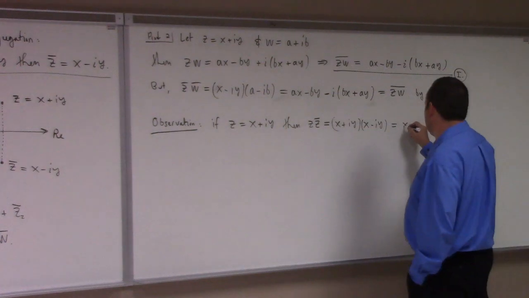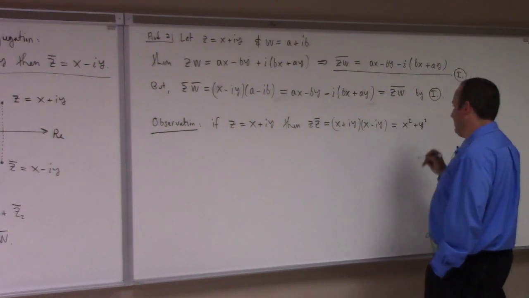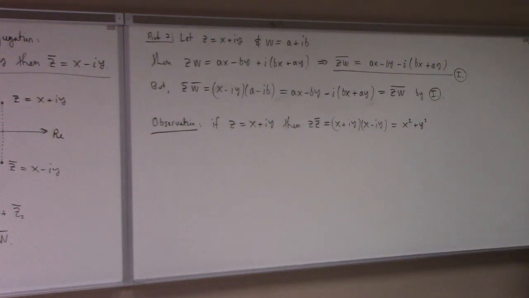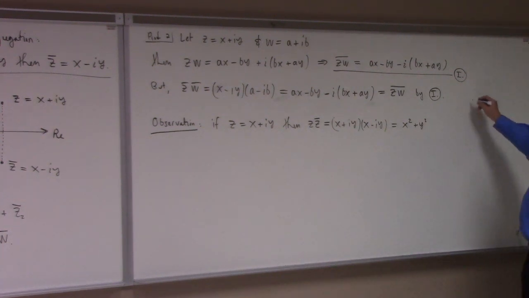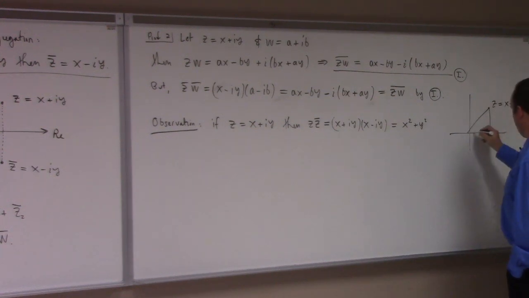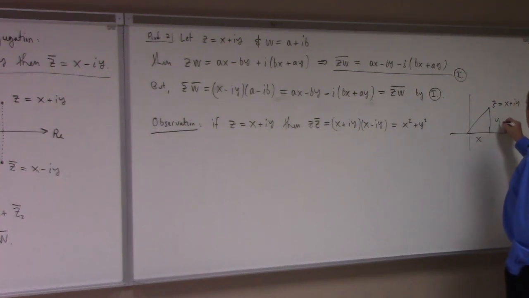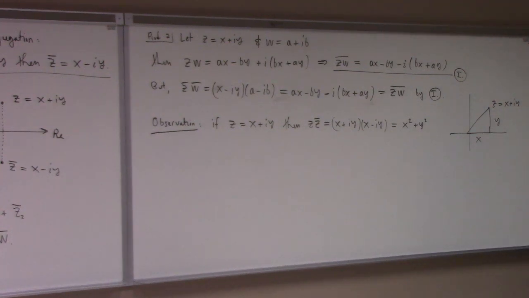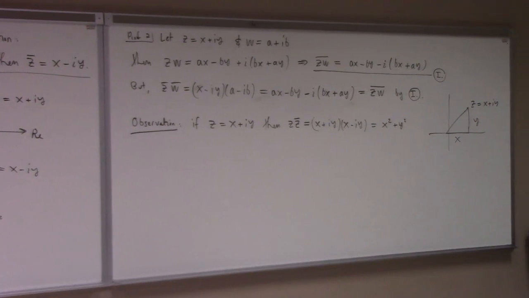Yeah, we get x squared plus y squared. What is x squared plus y squared? Going back to my picture, if this is z equal to x plus iy, by the usual Pythagorean theorem, this is x, right? This is y. So that's the distance squared of z from the origin, right?